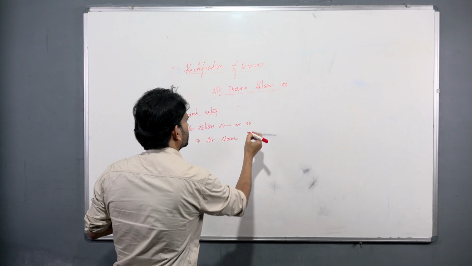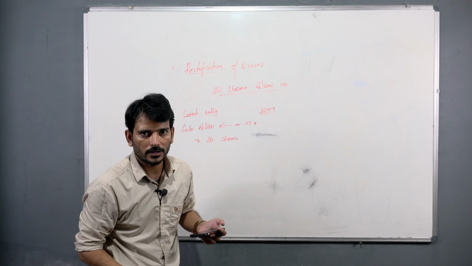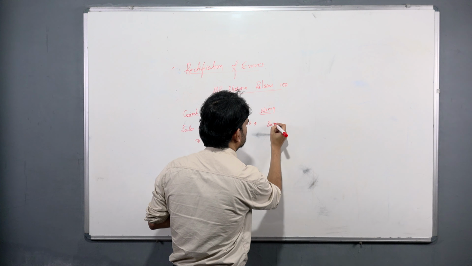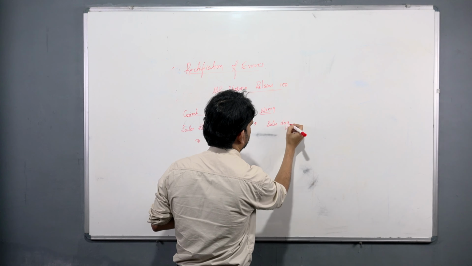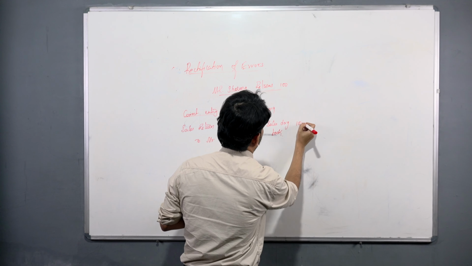So now, in the wrong entry, they have not posted the entire entry. Only one leg of the entry has been a mistake. Instead of writing sales return account, they have written in the sales day book. In the sales day book, they have entered 100 rupees.